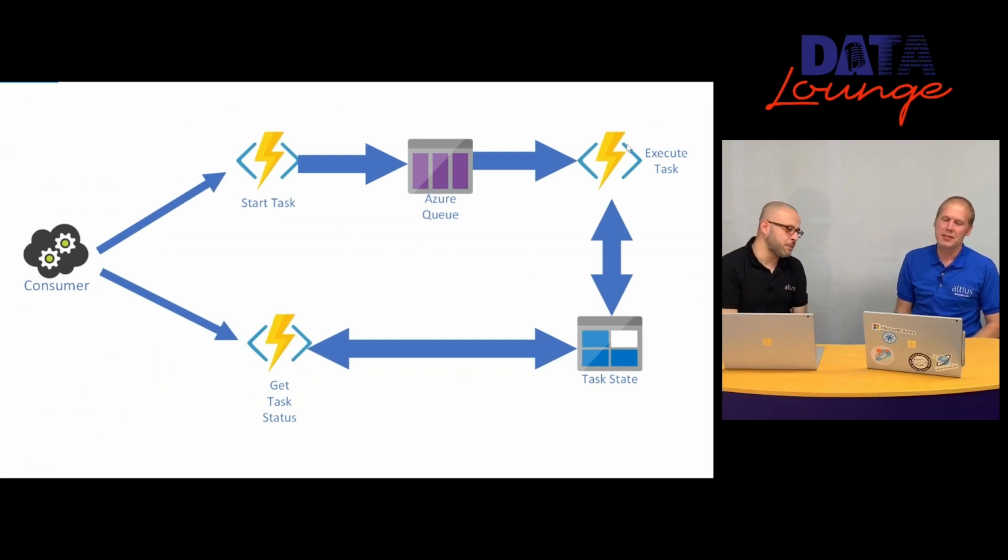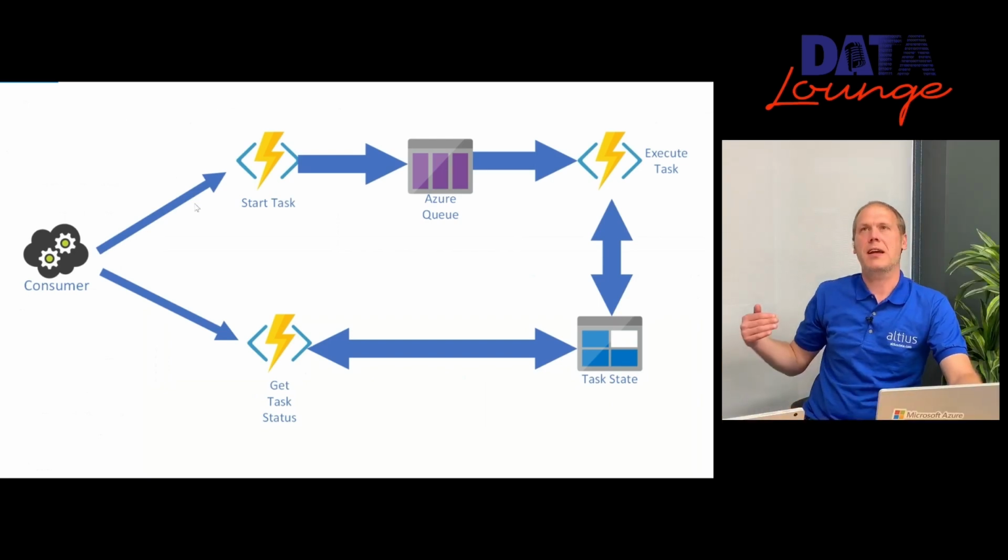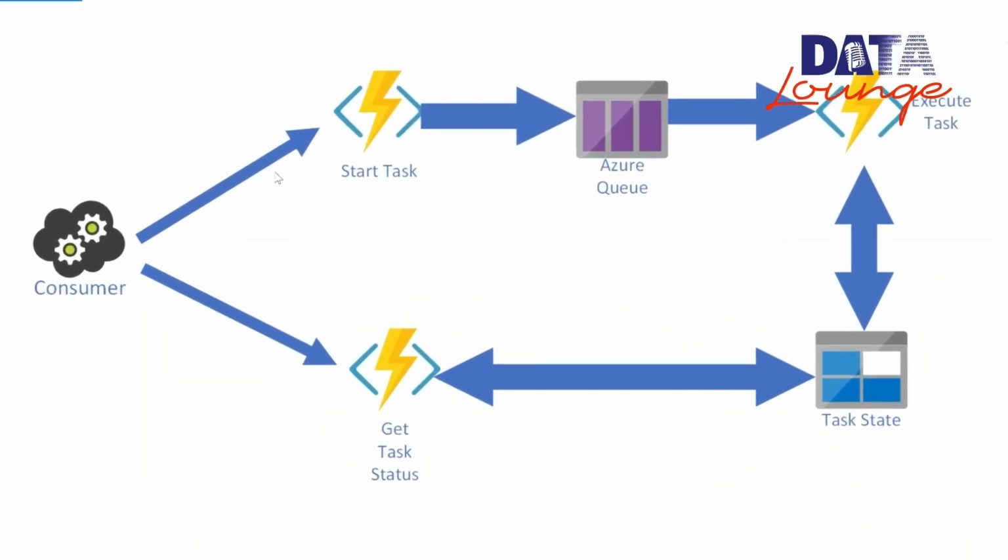So explain to us a little bit what's in here. Sure. You may have a function to start your task, taking your initial task start request and queueing that up, because you may be getting lots of these at the same time. Another task to actually do your work, reading off that queue.